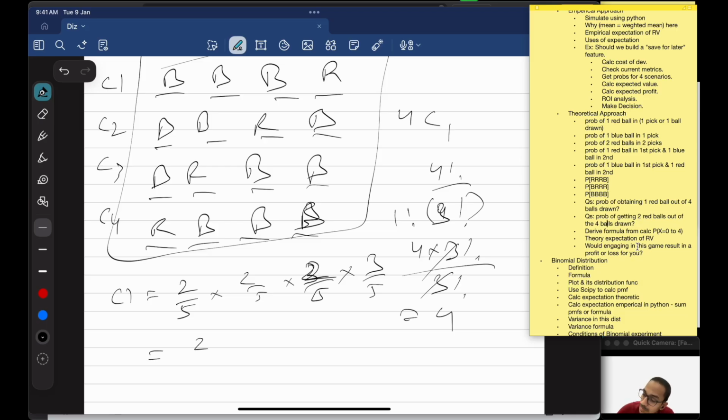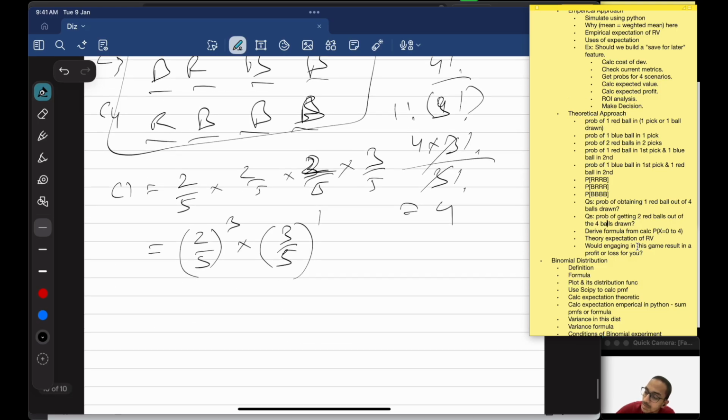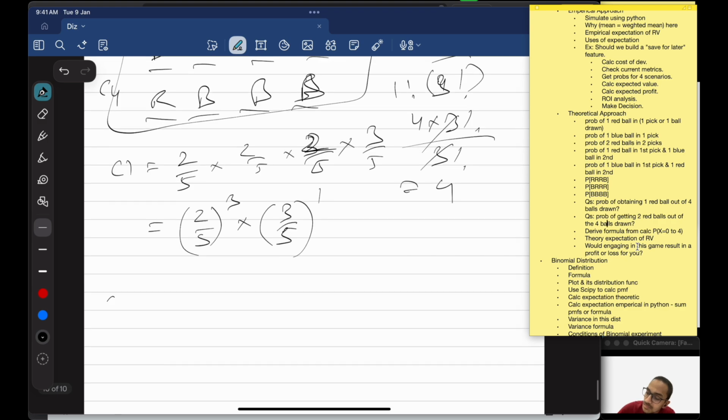Which is nothing but 2 by 5 whole cubed times 3 by 5 power 1. If we look at case 2, the probabilities will remain the same, because in each of these cases you will have 3 blue balls and only 1 red ball, right?